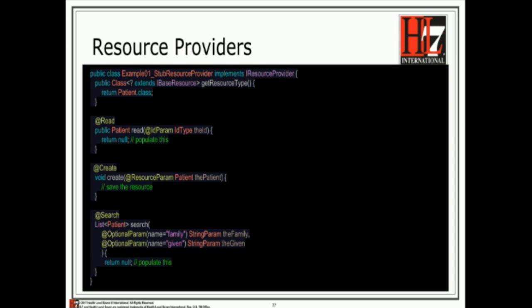Everything else we do across various methods will follow those same patterns. So @Create is for a FHIR create operation, @Search is for a FHIR search operation, and the list goes on and on. If you're trying to do a delete, there's an @Delete. If you're trying to support FHIR transactions, there's an @Transaction, and it just goes indefinitely from there.